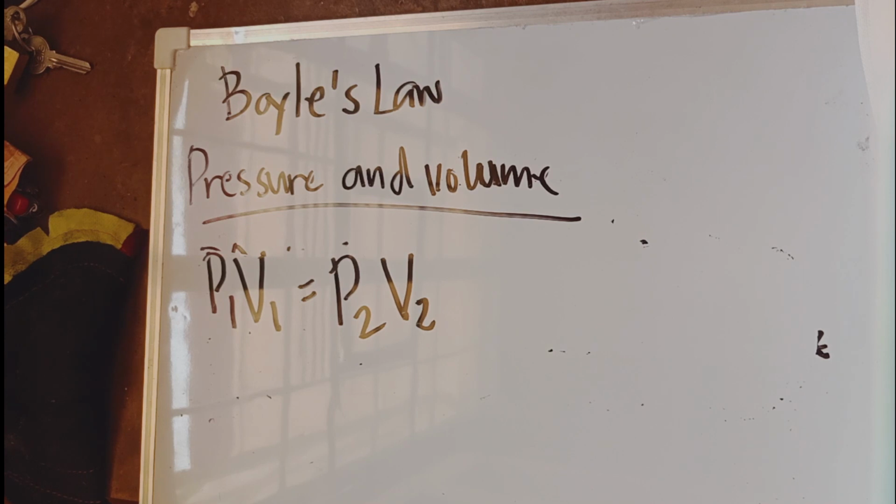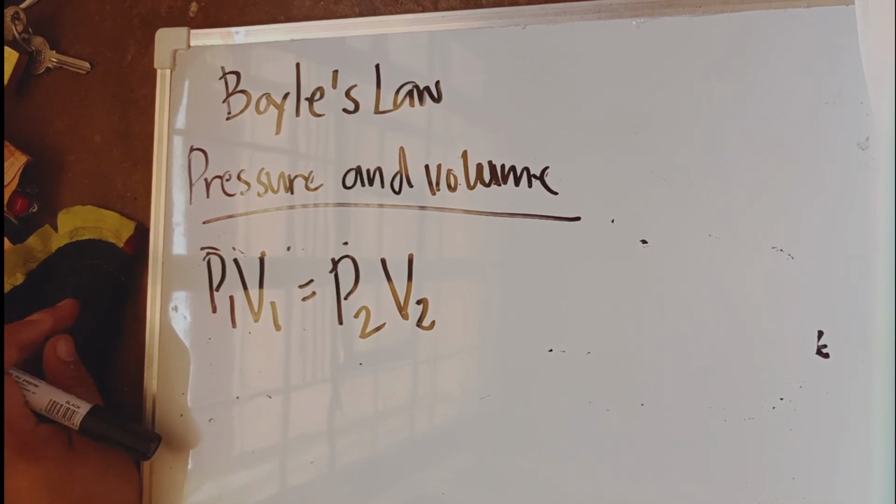Since you push it, you apply pressure, so it's higher pressure. When you pull the plunger of the syringe, the pressure is lowered because you didn't apply any force to push. So the volume increases. This is the equation of those.